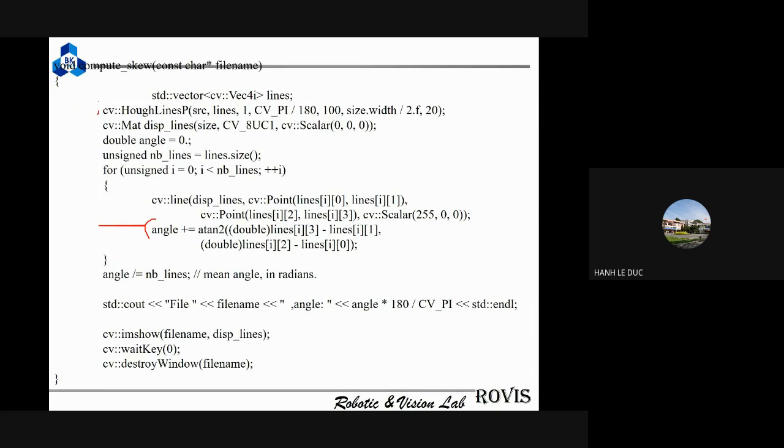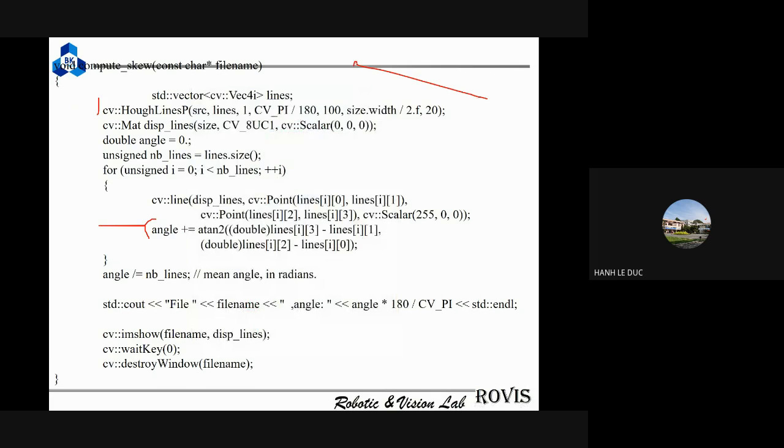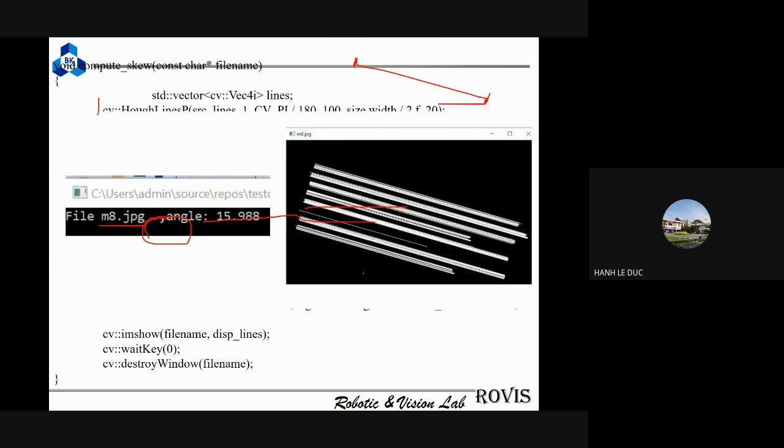You have the lines with the coordinate of the first point and the coordinate of the second point here, right? And then you can do the angle by this equation, okay? And then you have this one.